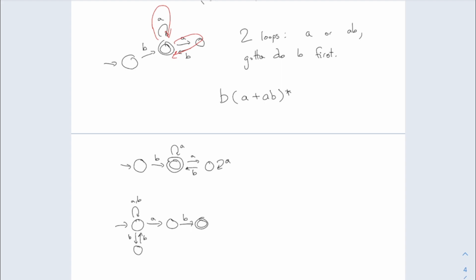There's a little problem that this star could happen 0 times, which would be from here only to here, but that's not allowed. It needs one. It definitely has to be A, and then you can do more A's if you want to. A and then A star. Right.